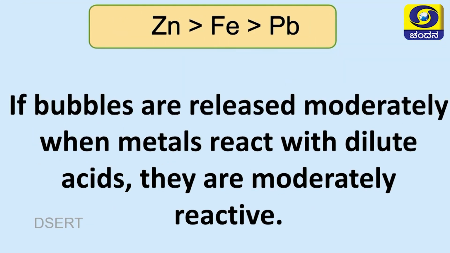If the bubbles are released moderately when they react with dilute acids, they are moderately reactive. Now, zinc, iron and lead are moderately reactive metals. In that, zinc is most reactive, the next is iron and the next is lead.